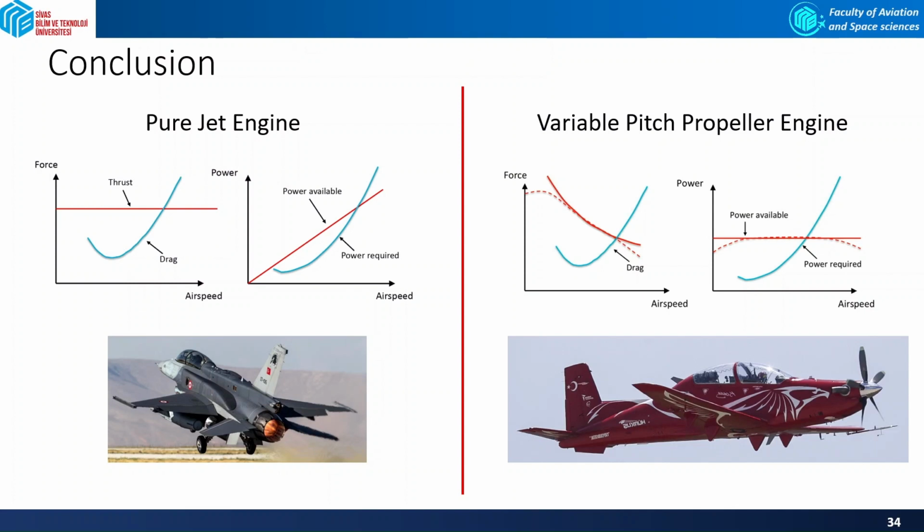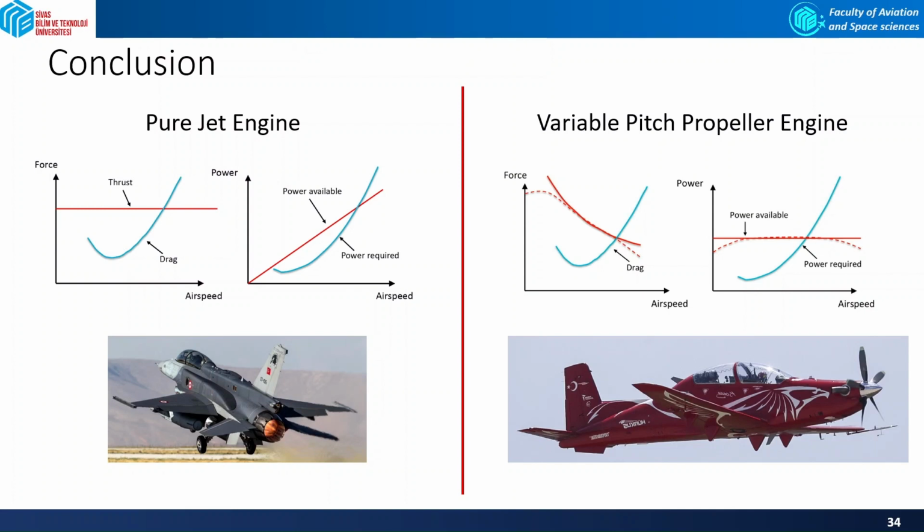And because of the simple form of the thrust and power curves, this allows us to analytically calculate the aircraft performance, as we will see in our future courses through aeronautical engineering.